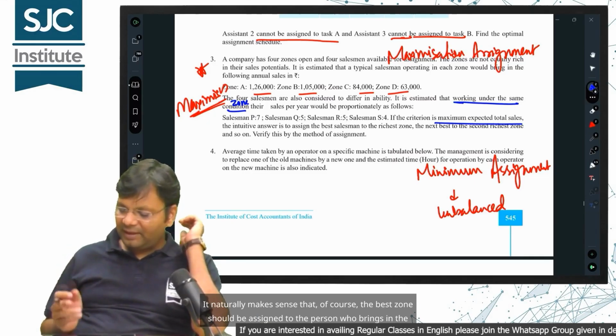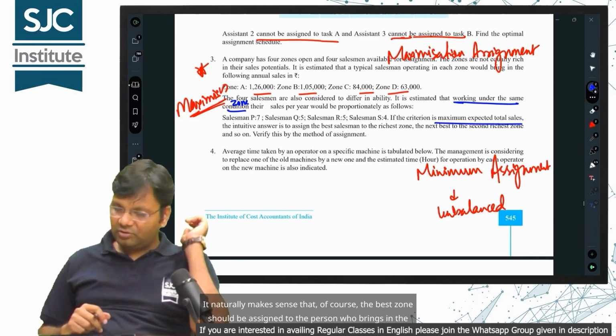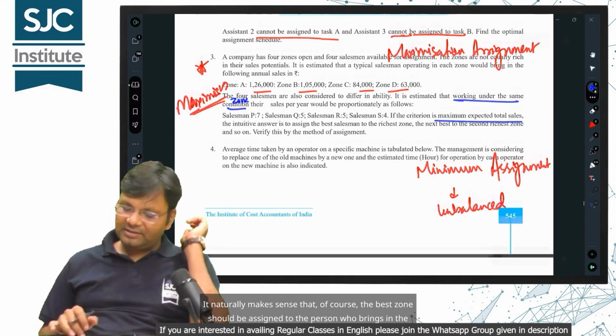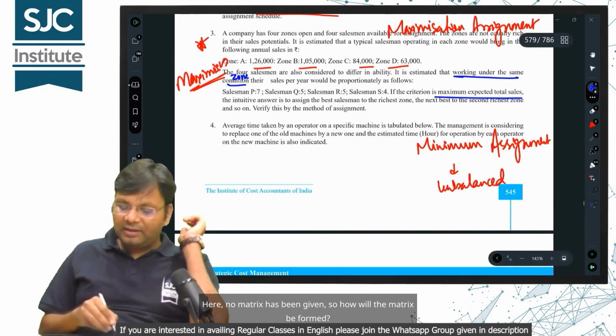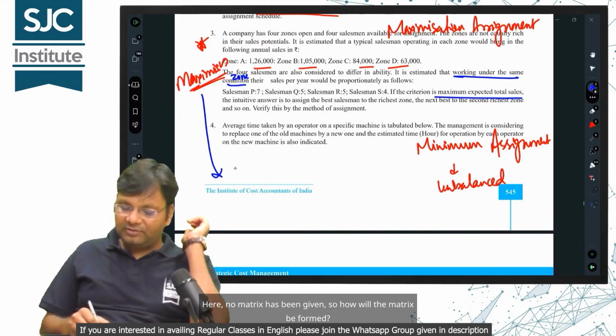It naturally makes sense that, of course, the best zone should be assigned to the person who brings in the highest sales. Here, no matrix has been given, so how will the matrix be formed?